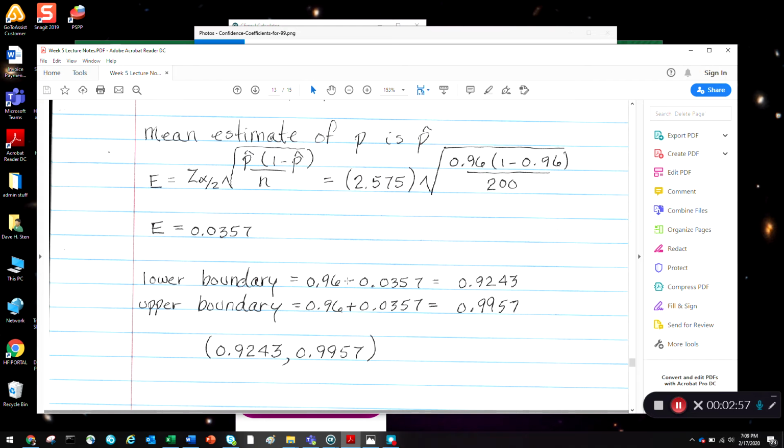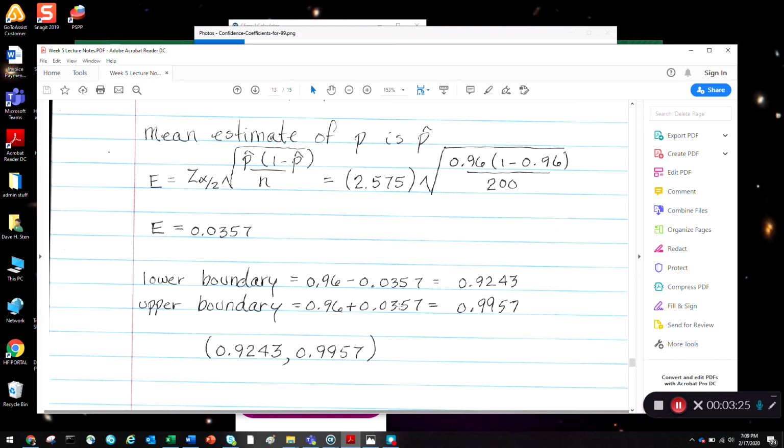We subtract that from the sample proportion and add it to the sample proportion to get the upper and lower boundary for the confidence interval for the population, and we find it's around 92.43% to 99.57% of the population of computers at this factory are not defective, that are good computers.